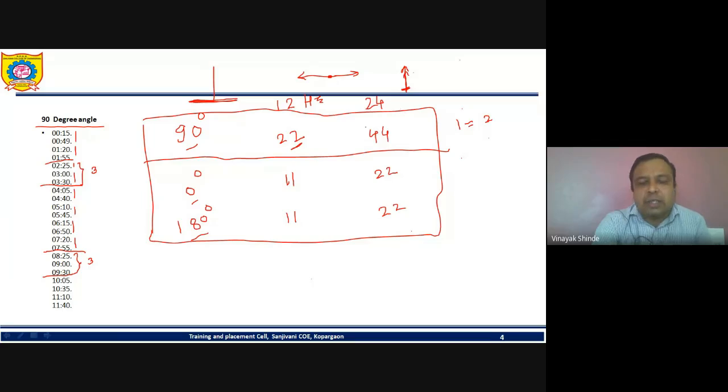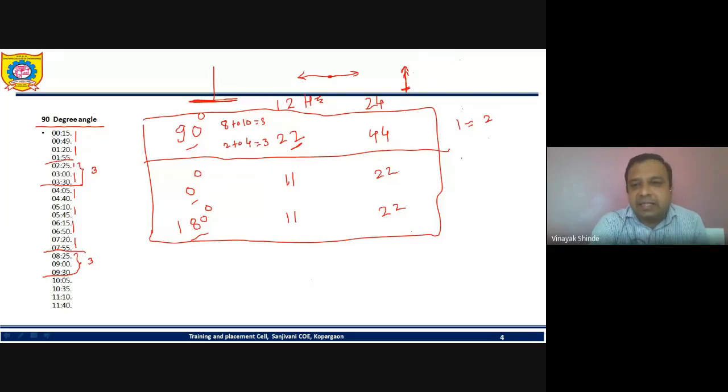Other slots, like 1 o'clock, 4 o'clock, 5 o'clock, have 2 times the 90 degree angle. Just remember: 8 to 10 we have 3 times the 90 degree angle, and 2 to 4 we have 3 times the 90 degree angle.